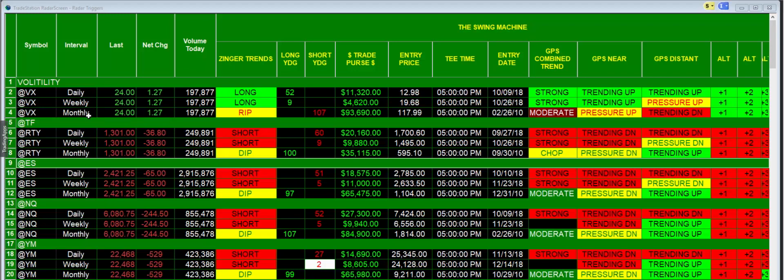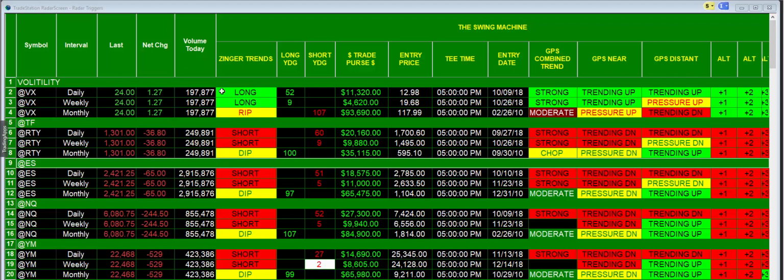The reason being is if you were to look at these indices versus the VIX, it's almost like looking at a Rorschach test. Say that 3 times. It's the inverse.